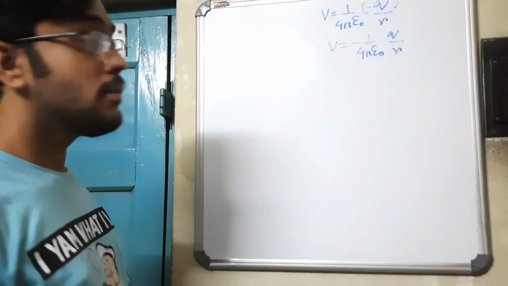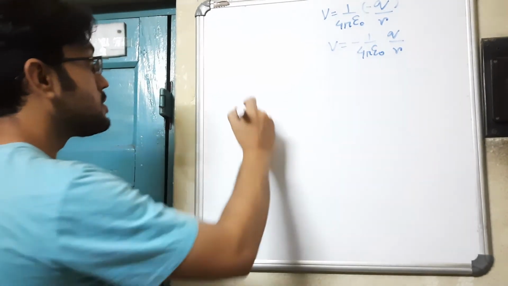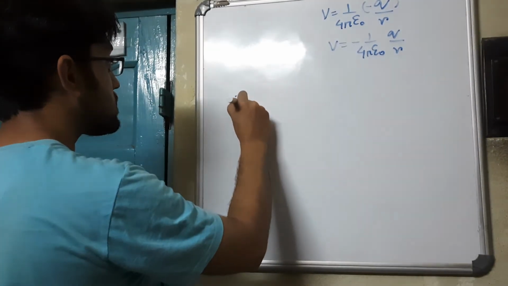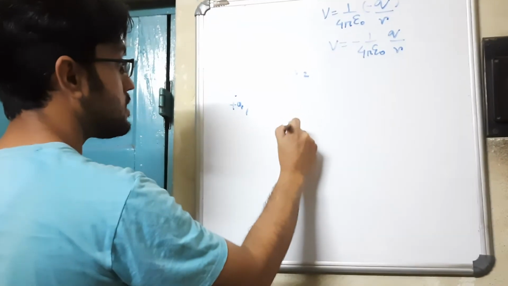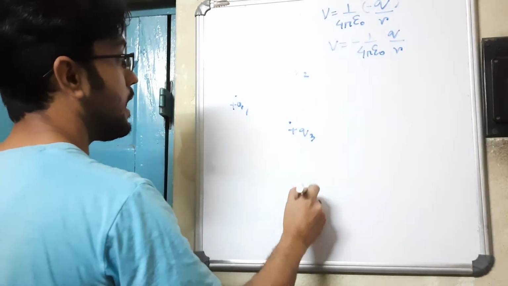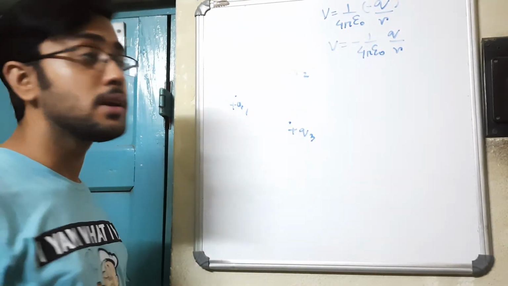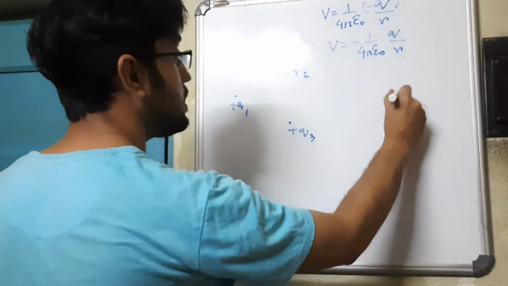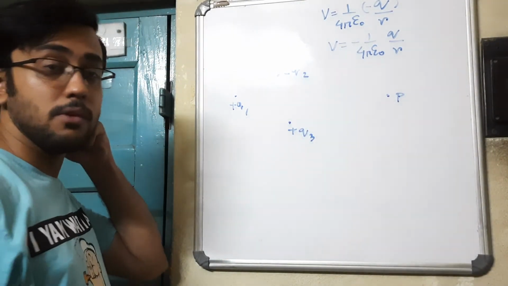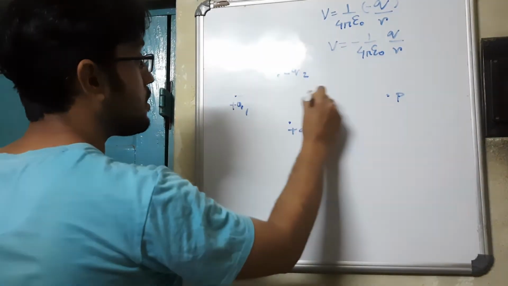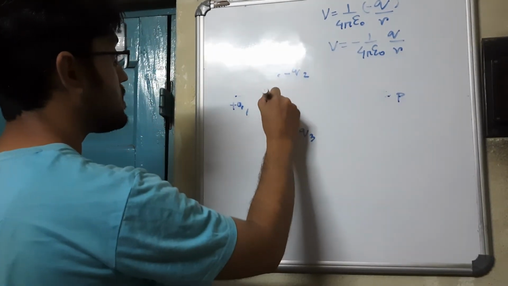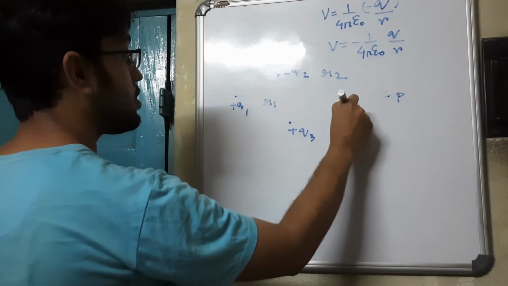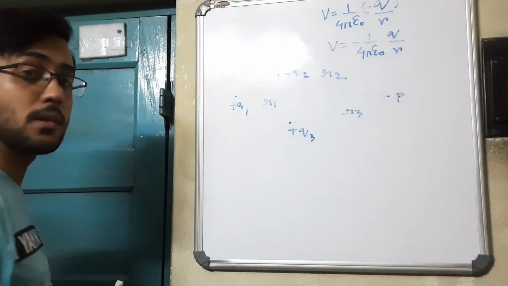And if we have a group of charges, say suppose there is a charge plus q1 here, a charge minus q2 here, a charge plus q3 here, and I am asked to find out the potential at some point P due to these three charges, my first job will be to calculate at what distances they are from P. So say this distance is r1, this is r2, and this is r3.